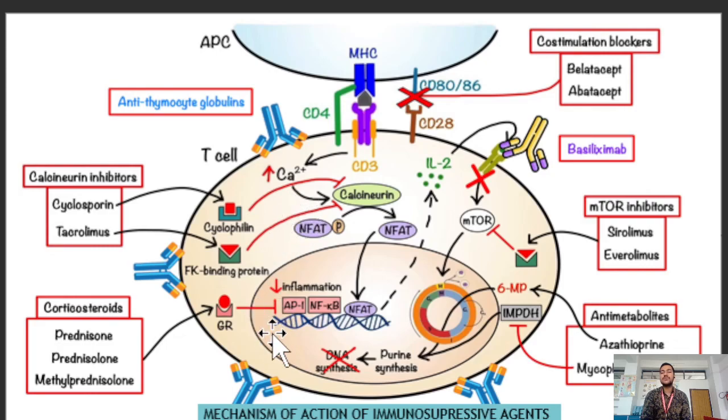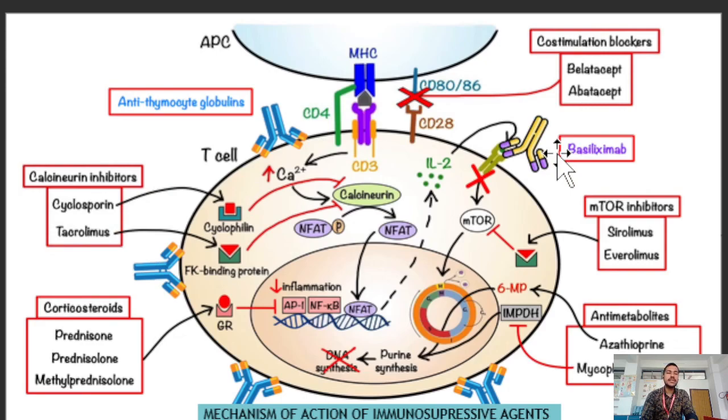So when they are inhibited, the inflammation will automatically reduce, which is the main function of corticosteroids.